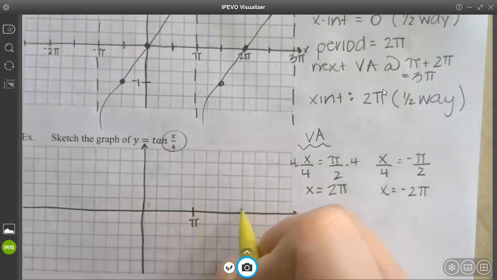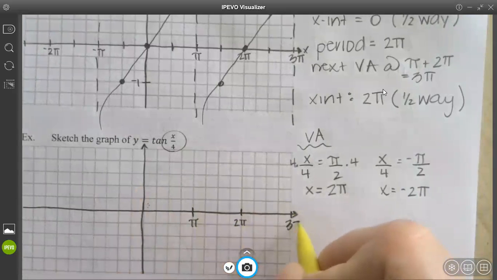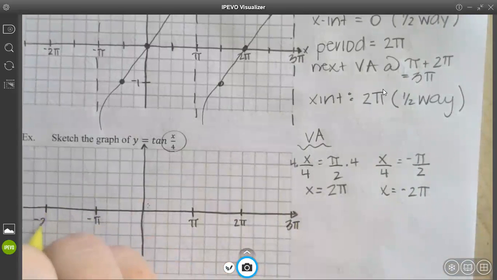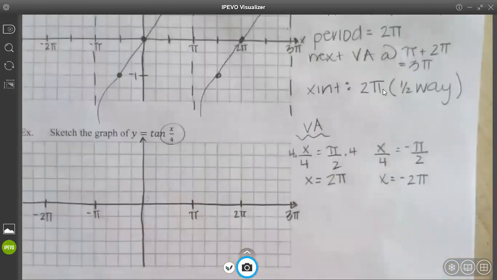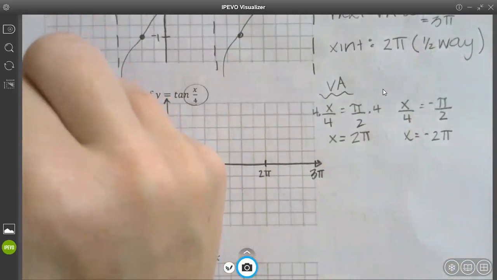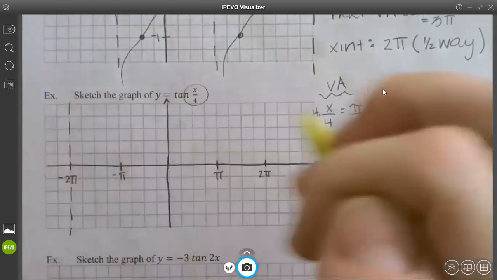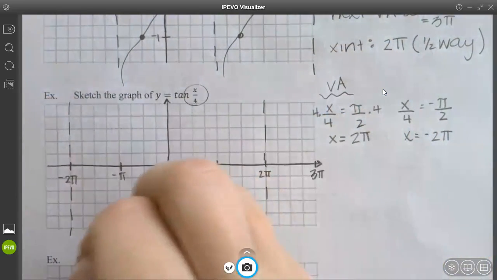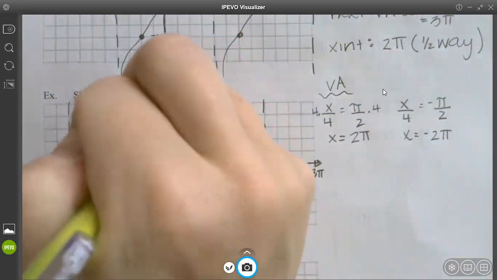This one's going to be pi, 2 pi, 3 pi, negative pi, negative 2 pi. So it looks exactly like the last graph, so we can compare it a little bit more. We said our vertical asymptotes were at negative 2 pi and 2 pi. Make it exactly the same, negative 1 and 1.